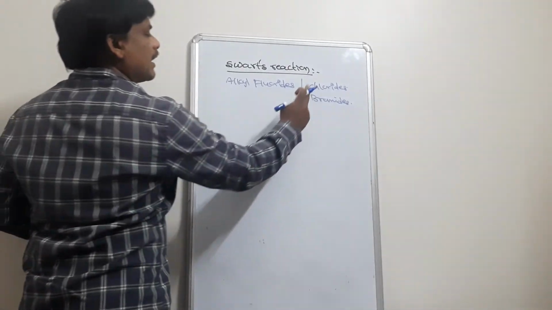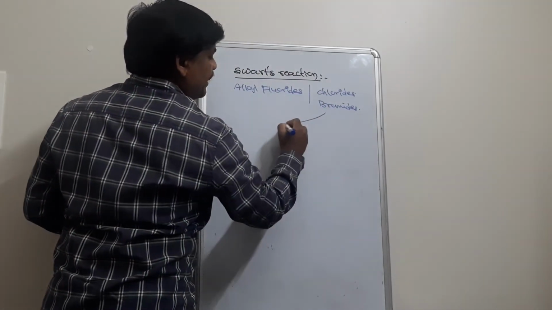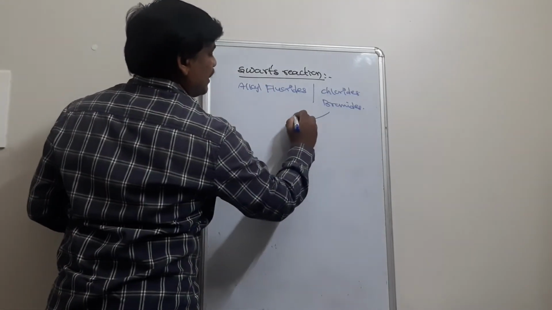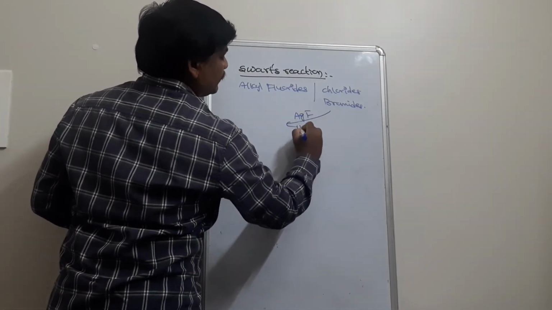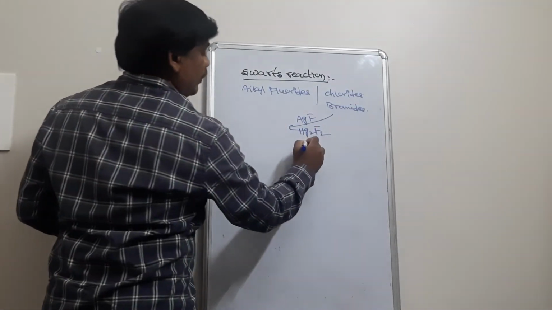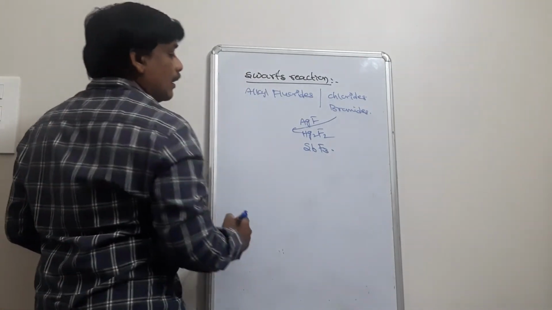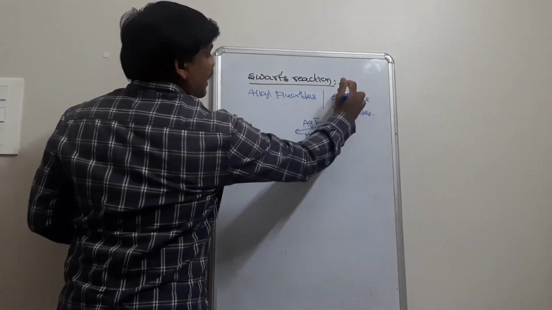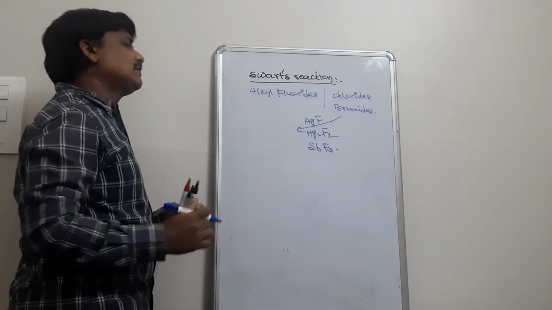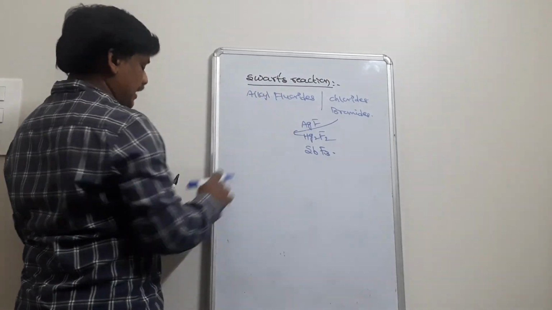These are treated with metal fluorides like AgF, Hg2F2, mercurous fluoride, or antimony fluoride. When alkyl chlorides or alkyl bromides react with these metal fluorides, we get alkyl fluorides.